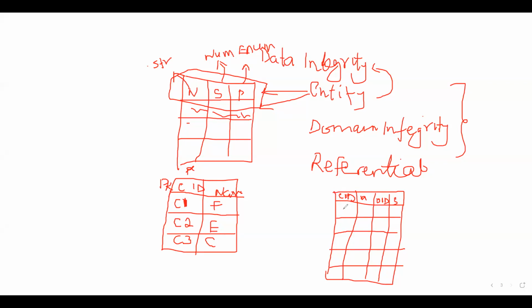So Fatima, who is C1, it is order ID, isn't it? So placed two orders. Okay, sorry, the order ID is, let me call it 2. And here, that amounts to 11K.